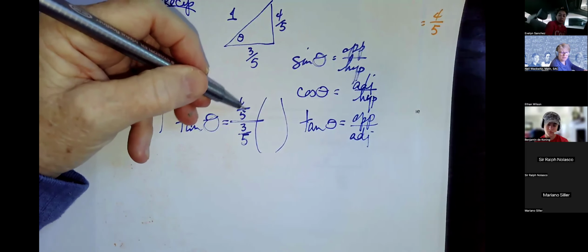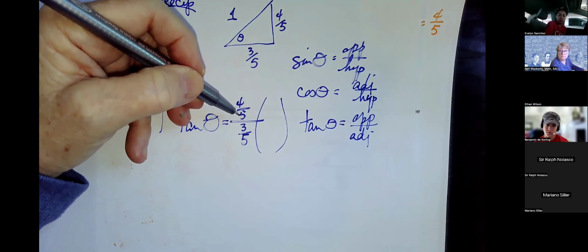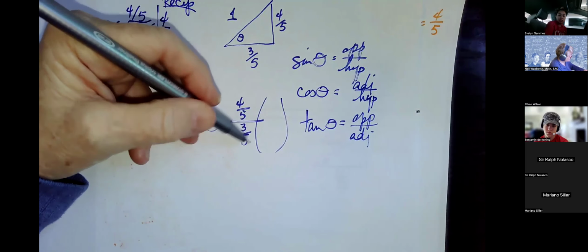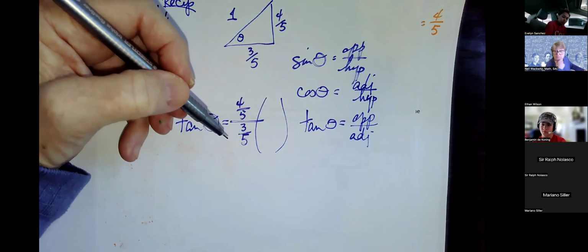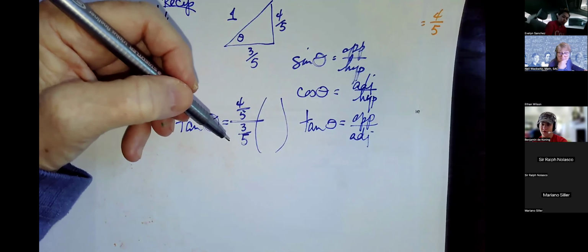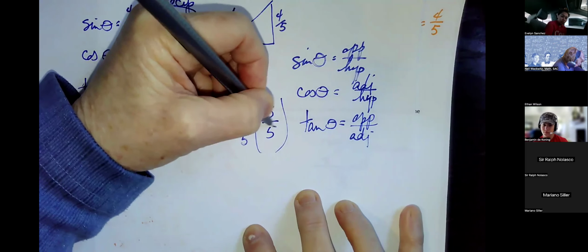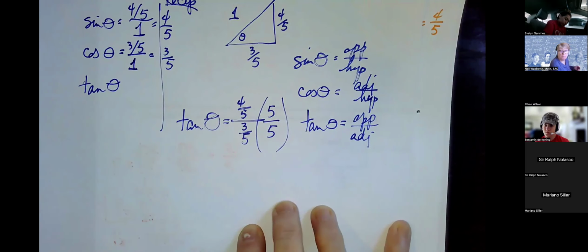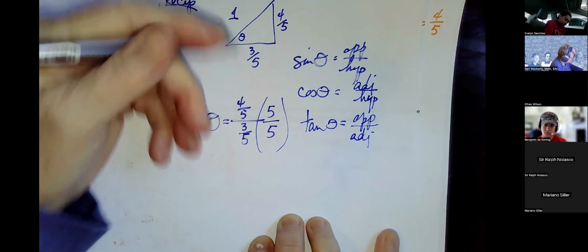The denominator of the first inside fraction is 5, and the denominator of the second inside fraction is 5. What's the least common denominator between 5 and 5? 5. We're going to multiply numerator and denominator by the least common denominator of the inside denominators.